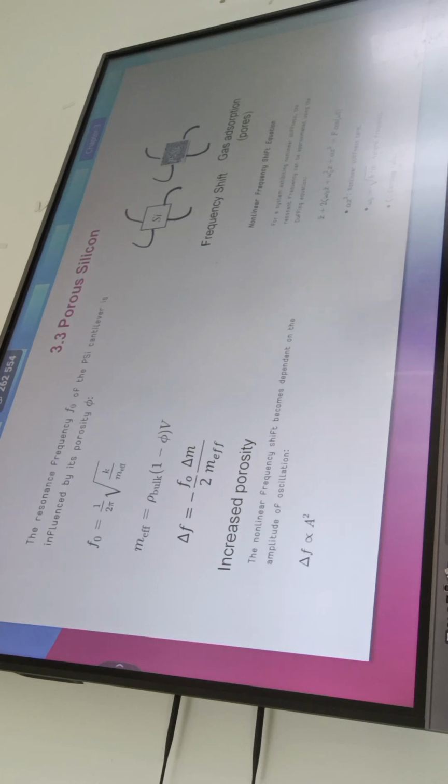The non-linear frequency shift equation is given as: for a system exhibiting non-linear stiffness, the resonant frequency can be approximated using the Duffing equation.